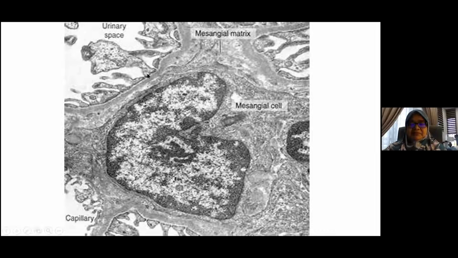For the podocytes, we look at whether there's any swelling, and whether the foot processes are effaced or not. And of course our very main focus, to which we pay a lot of attention, is the glomerular basement membrane.